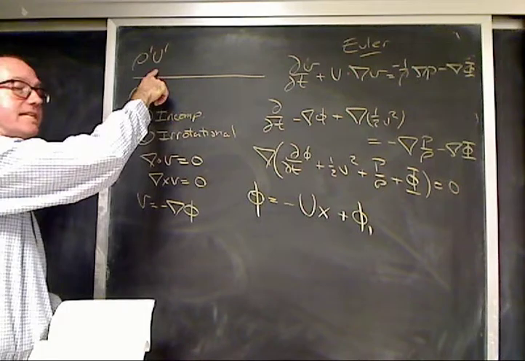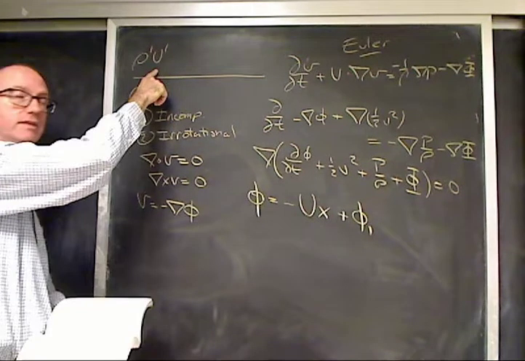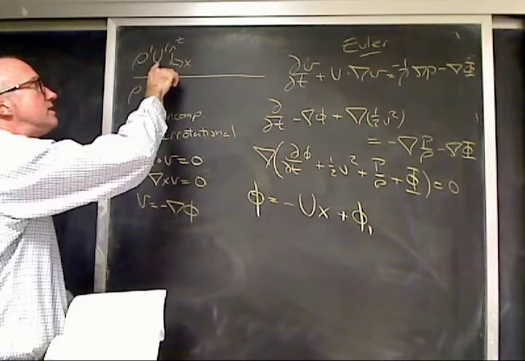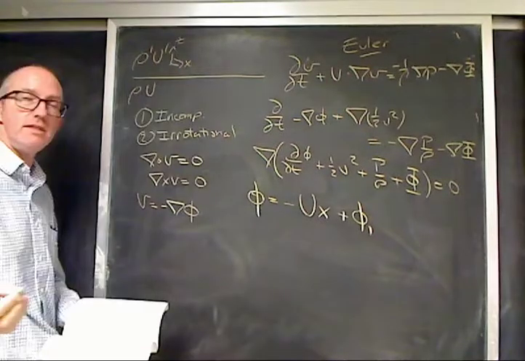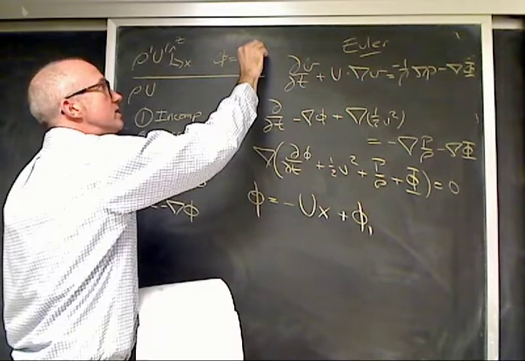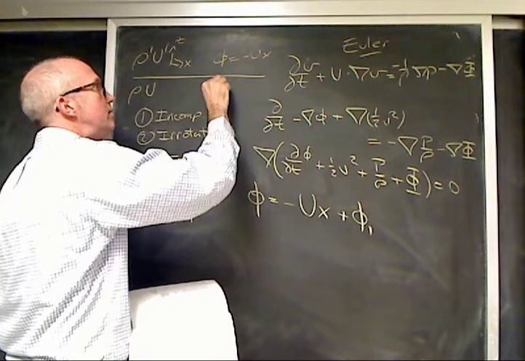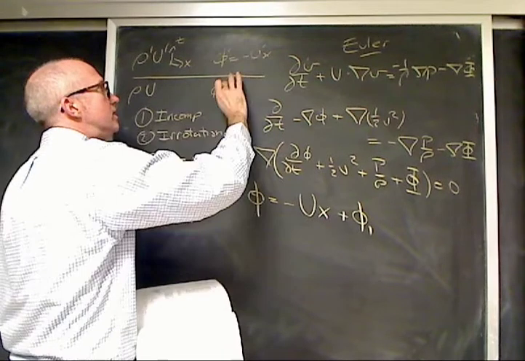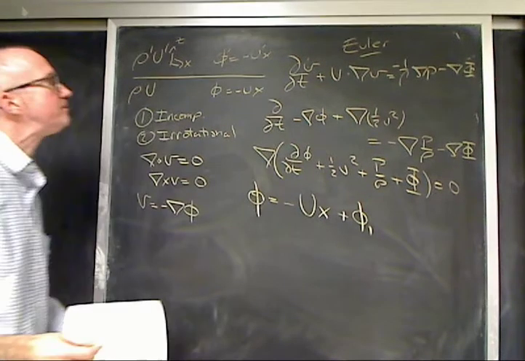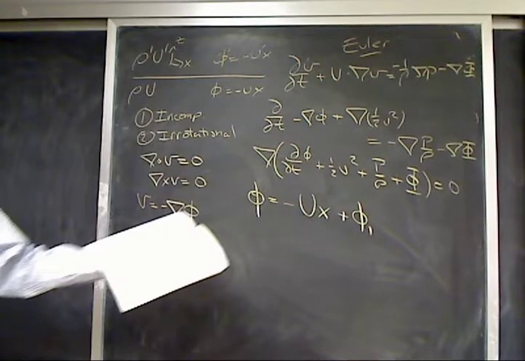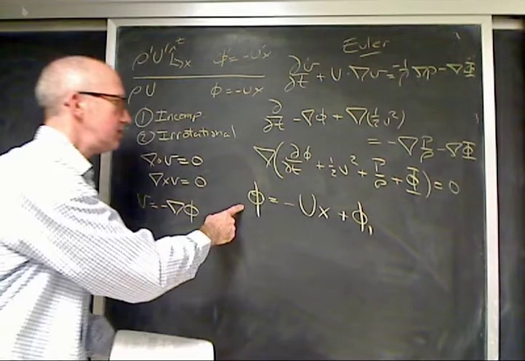So this is x and this is z. Since u is constant and in the x direction, then I know that phi is just equal to minus u times x up here, and phi prime is equal to minus u times x down here. So that's my background solution. So I'll perturb that like this.